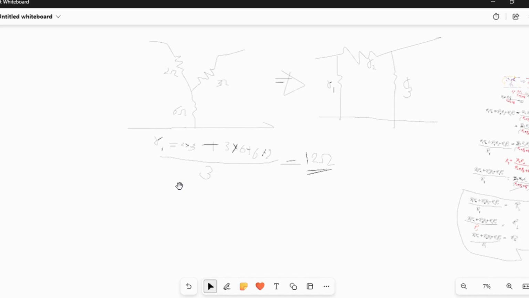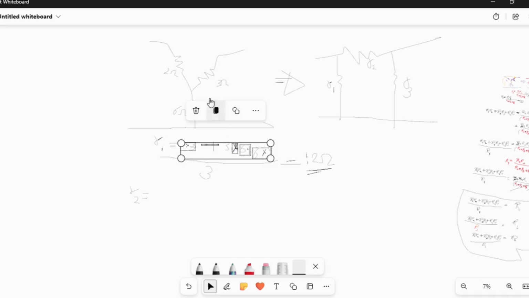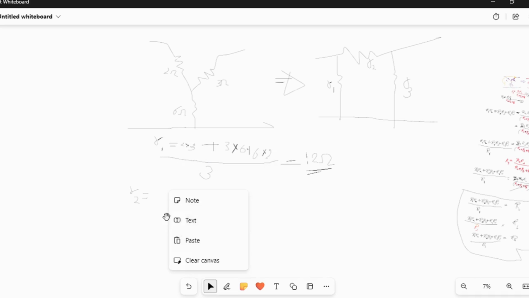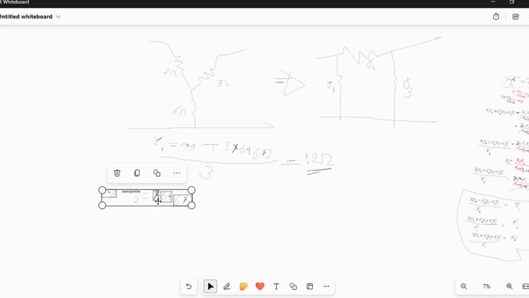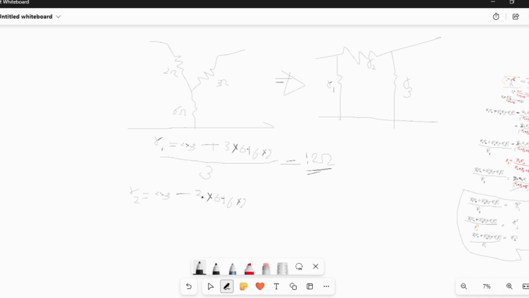Then what is R2? R2 uses the same product sum, it will not change, divided by... R2 is here, so look at this corresponding side and look at the opposite side. Here it is 6, so we should divide this by 6.